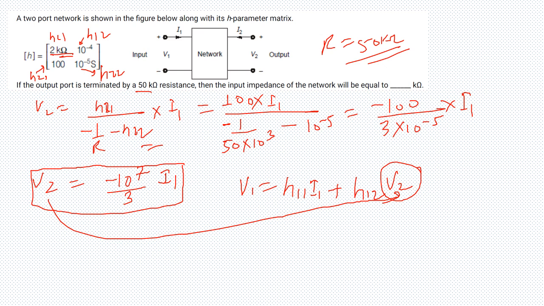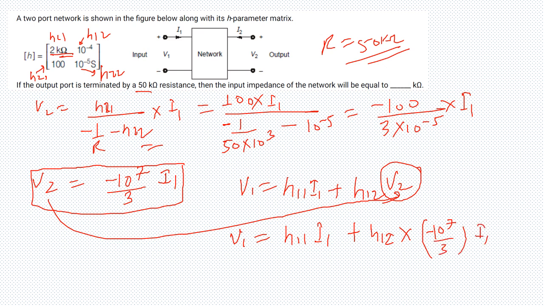Let us put it. Now I get V1 is equal to H11 I1 plus H12 into V2, where V2 is minus 10 power 7 by 3 into I1.